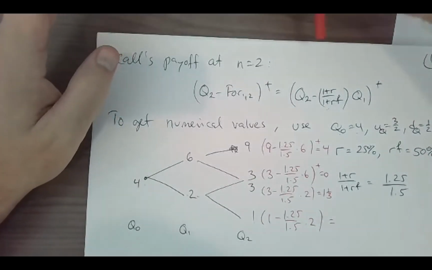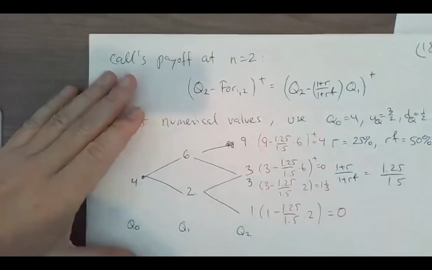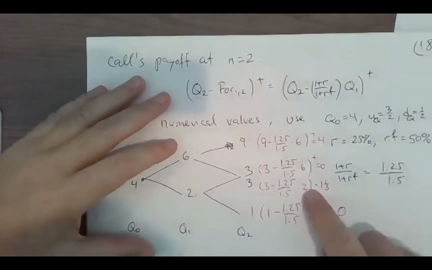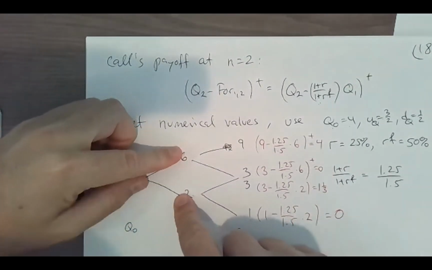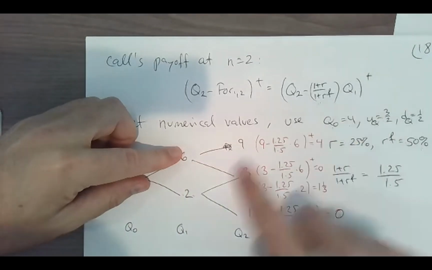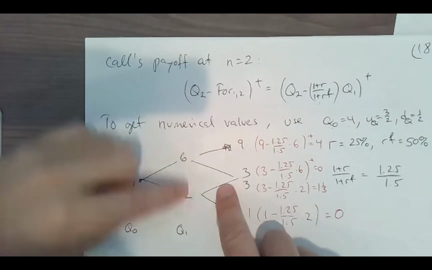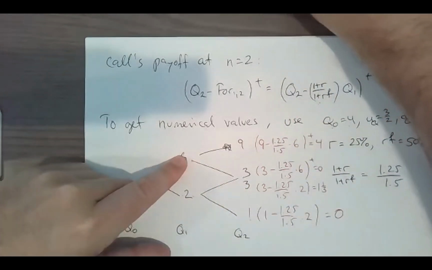I think that's going to be a 0. Yep, that's going to be a 0. Right, so the thing to note here is there's a difference between 6 and 2, because you need to know what the exchange rate was. On the lower branch it would have been 2, so that's that 2, and then on the upper one is that 6.